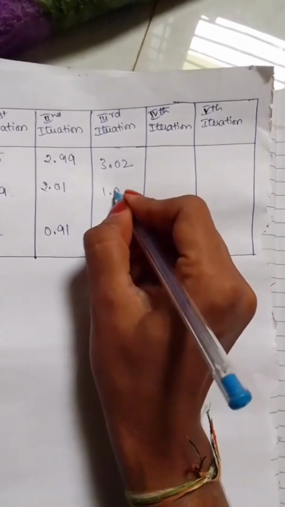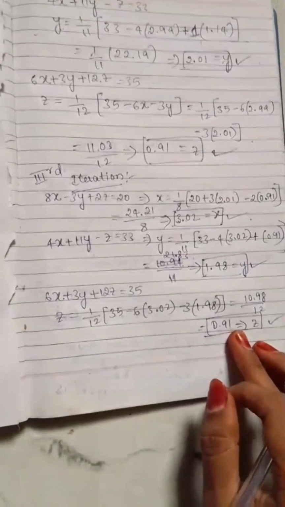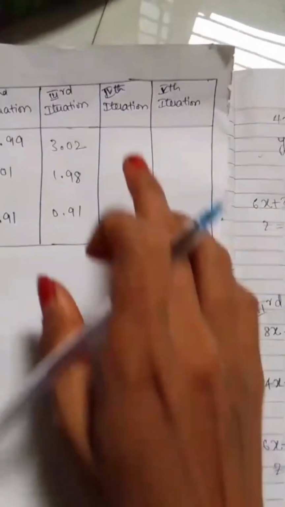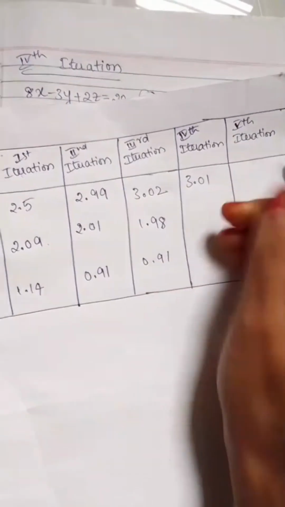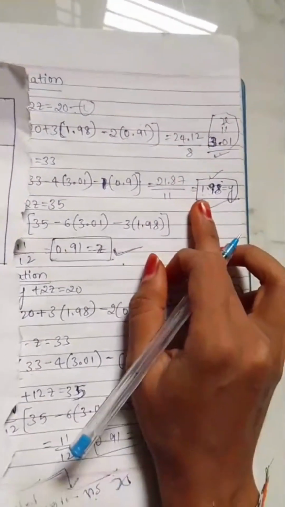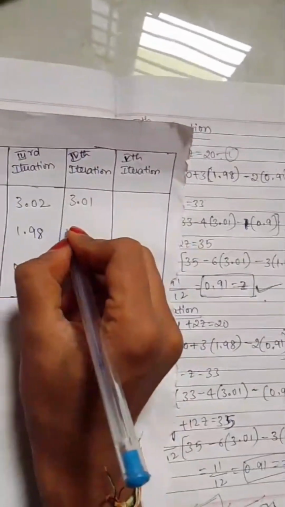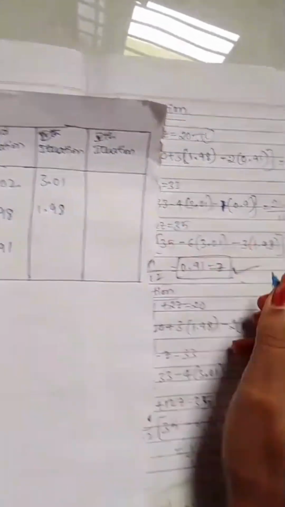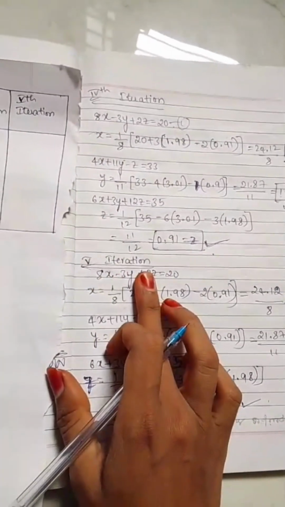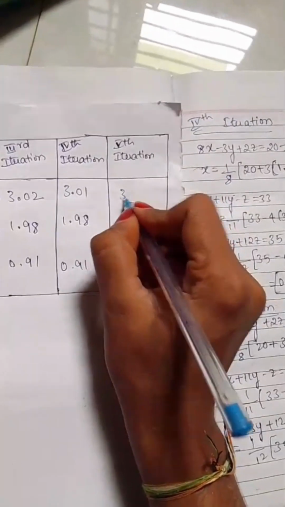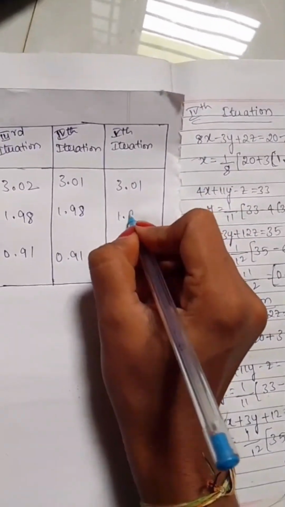And the z value 0.91. And the fourth iteration, x value is 3.01. Y value 1.98. And the z value 0.91. And the fifth iteration also I got the same, 3.01, 1.98 and 0.91.